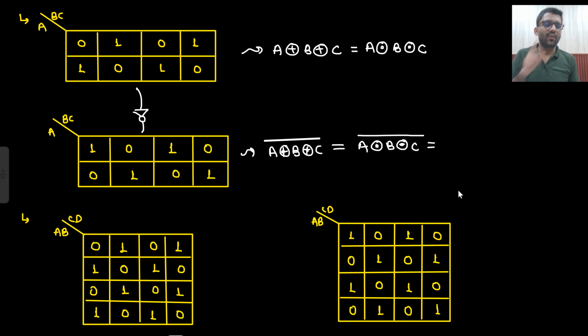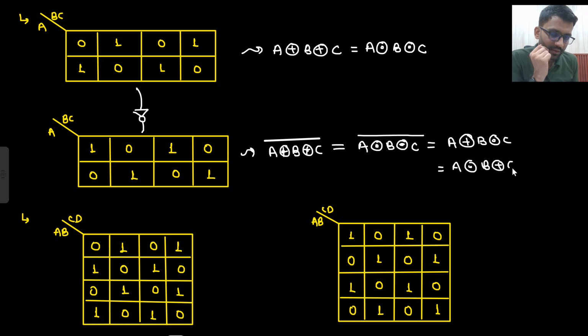And if you remember one of our assignments, I told you it can be written in this manner as well. It can be written in a lot of other manners as well, that B can come here, A XOR C. Basically, what I am doing, let's check.